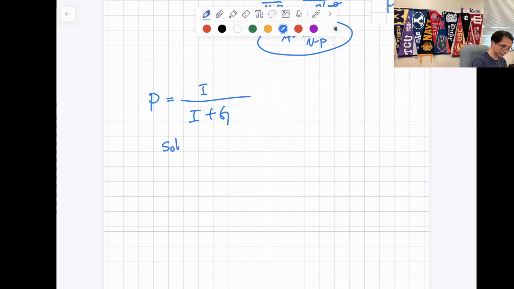Solve for I. If you solve it, if you don't know how to do the steps, go back and watch what kind of things you need.